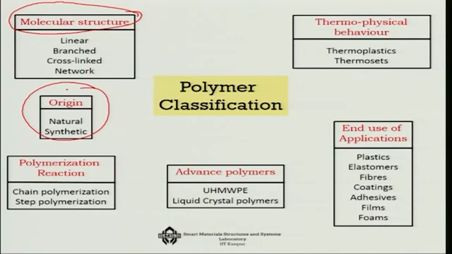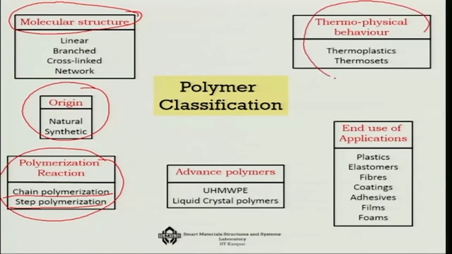And then from the polymerization reaction point of view, that means how the polymer is developed, two most important types are chain polymerization and step polymerization. Then from the thermophysical behavior point of view, we generally classify the polymers into two groups. One is the so-called tacky polymers, which you can give many kinds of forms. So that is thermoplastics, and the other group, which with respect to temperature you can give a set form, is the thermosets.